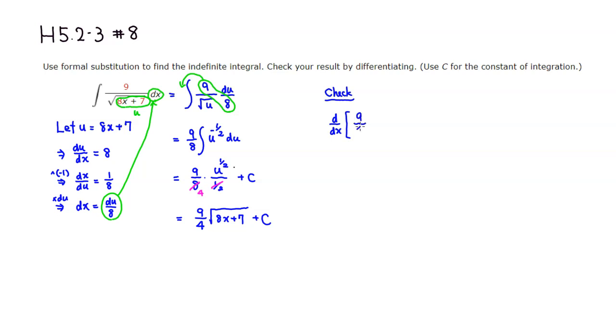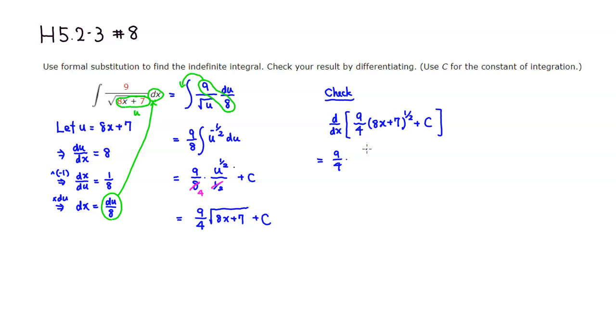So you have a 9 over 4. It's easier to take the derivative if I write it as the 1/2 power instead of the square root, so you have 8x plus 7 to the 1/2 power plus some constant c. If you take the derivative, you see that the 9/4 is just a constant multiple, so we just put it there.